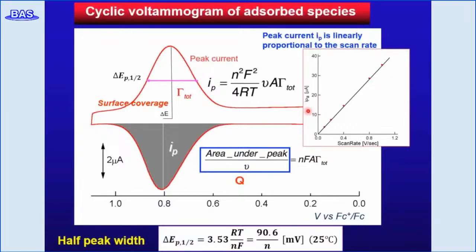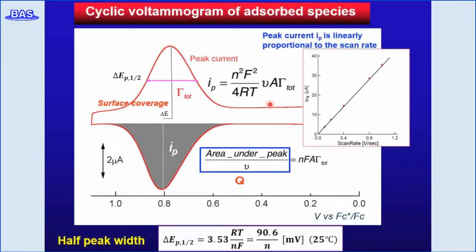Since the CV current for chemical species in solution depends on the square root of the scan rate, it is important to make this plot when determining whether a chemical species is adsorbed on the electrode.